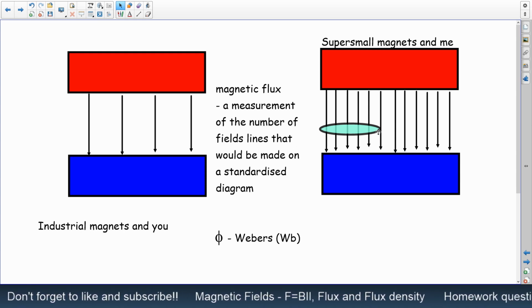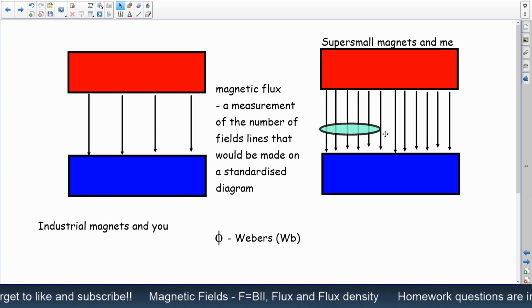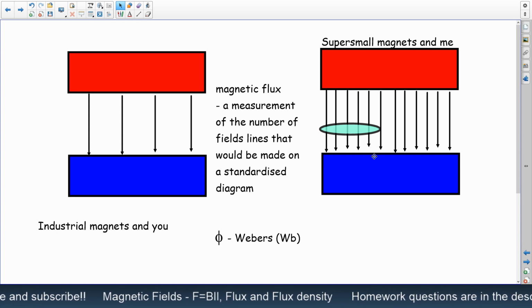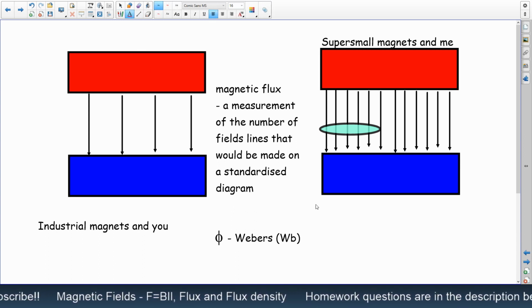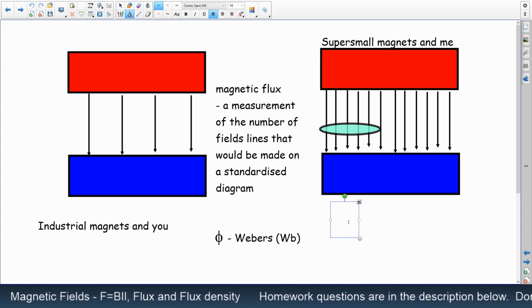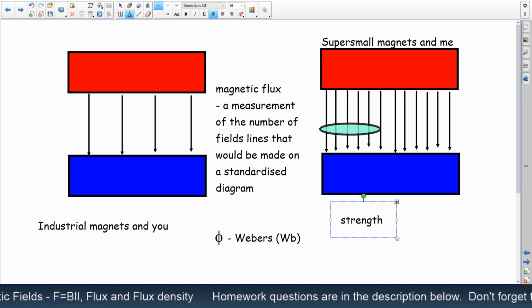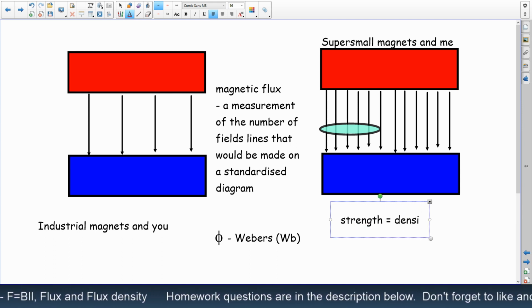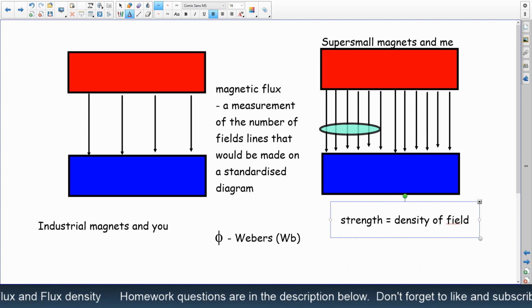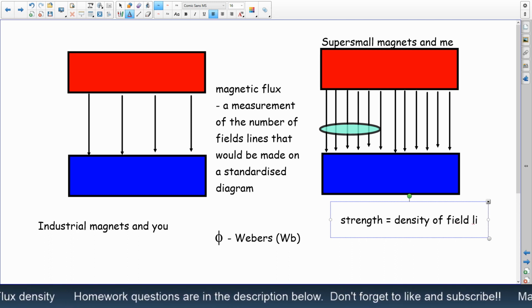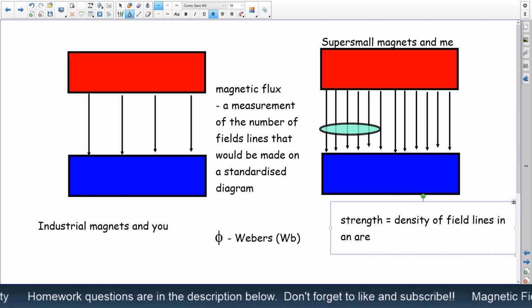And as with all field diagrams, the density of field lines at a given time is a measurement of the strength of the field. So the strength is equal to the density of field lines in an area.